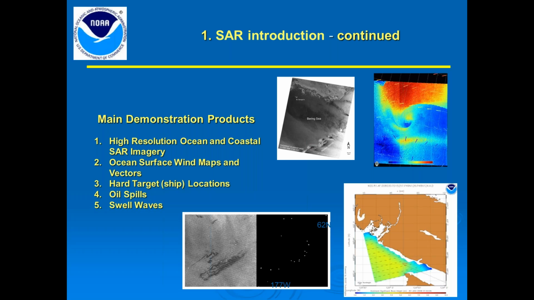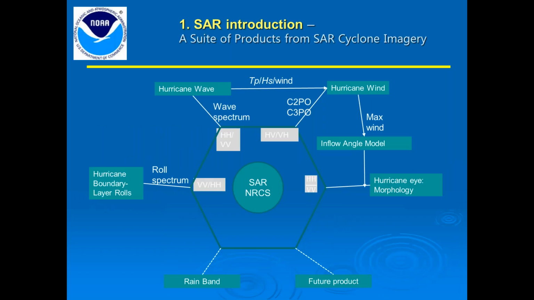So we started looking at those SAR images and trying to figure out what can be done with them. Over the years, we have developed an ocean surface wind product with hard target detection, to look at where the ships are, oil spills, swell waves, and so on. There are a lot of applications. I'll just give you a few examples here.